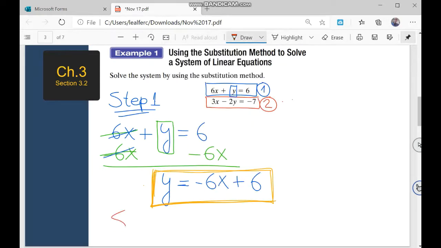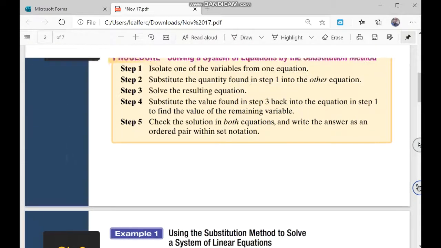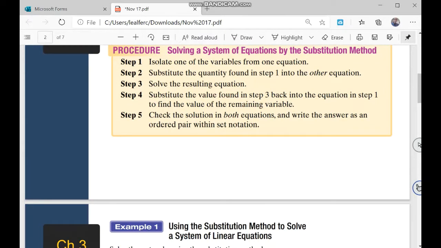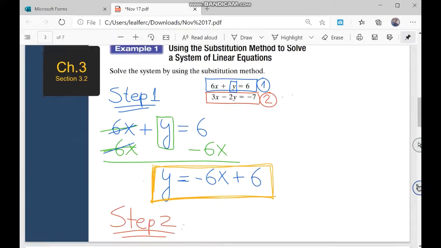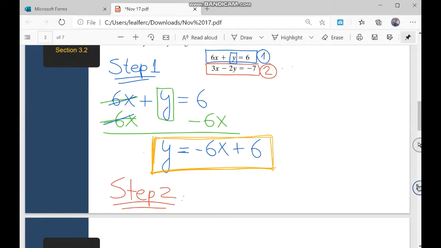What is step number 2? Let's check the procedure here. Step number 2 is to substitute the quantity found in step number 1 into the other equation. The other equation is the second equation here, equation number 2 in red.